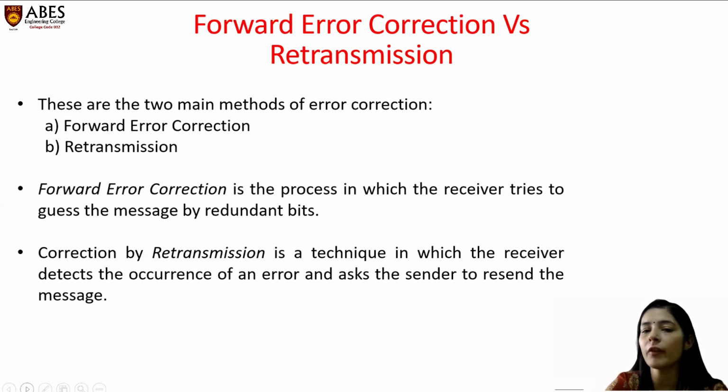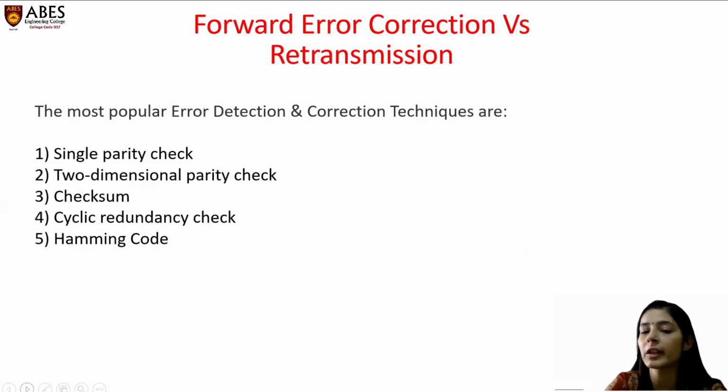But in retransmission, the receiver detects the occurrence of an error, and if the receiver detects that an error has occurred during the transmission, the receiver will request the sender to resend the message again. So this is called retransmission. The receiver is requesting retransmission of the frame.